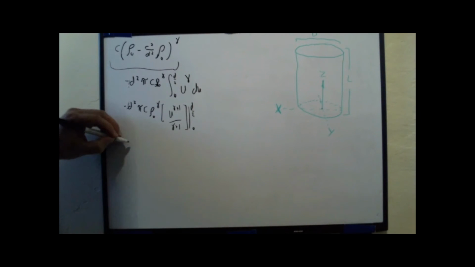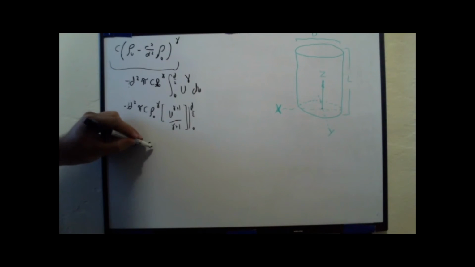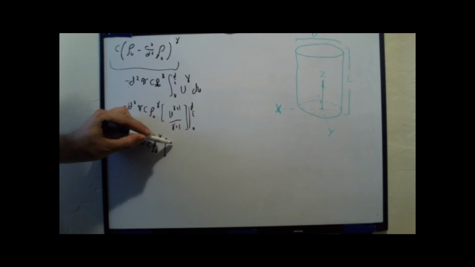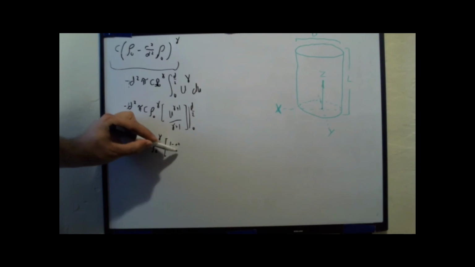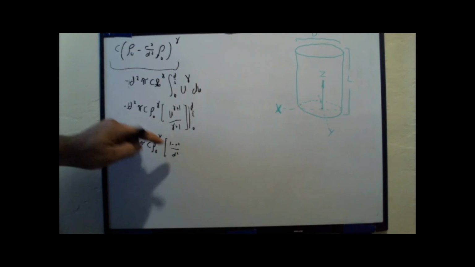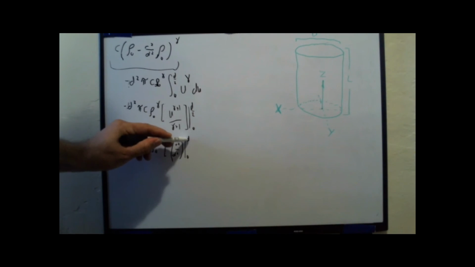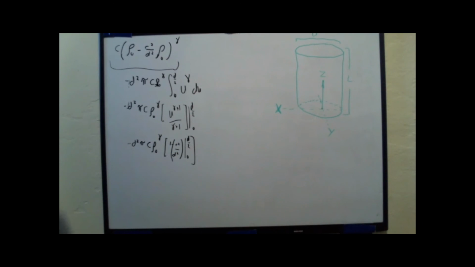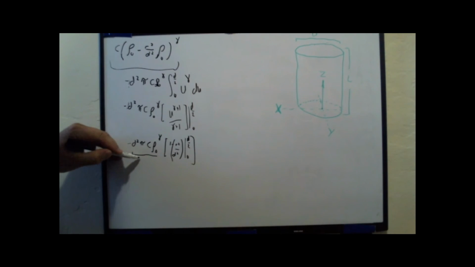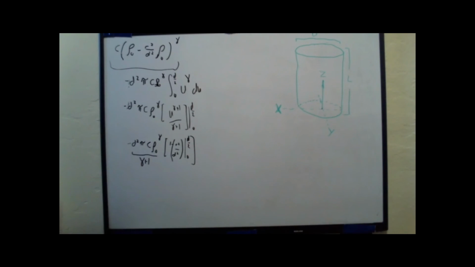I will factor back in my u and say negative d squared pi c rho naught to the gamma times 1 minus r squared over d squared from 0 to d over 2. And I'll move my gamma plus 1 here because it's being multiplied.